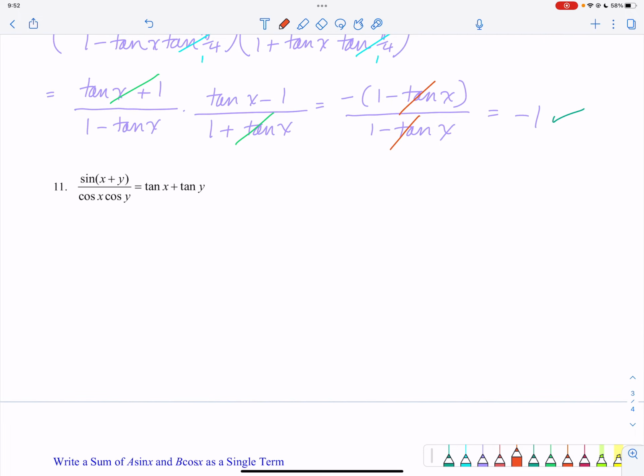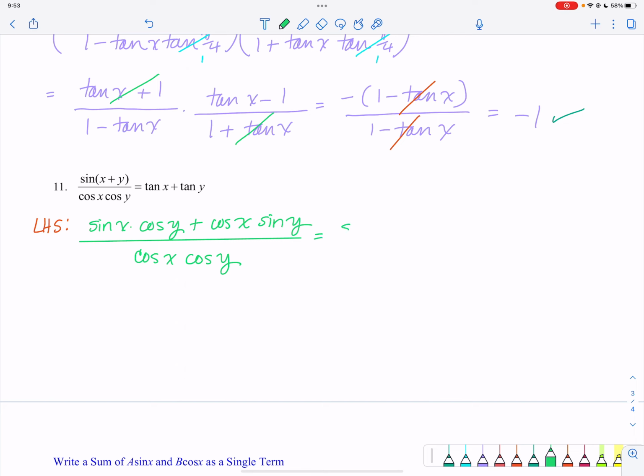So just working with that left-hand side, we'll use our sine of a sum property, the sine of x, cosine of y, plus the cosine of x multiplied by the sine of y, all divided by the cosine of x multiplied by the cosine of y. Now, what we can do here is we can share this denominator. So really, this is what we have.